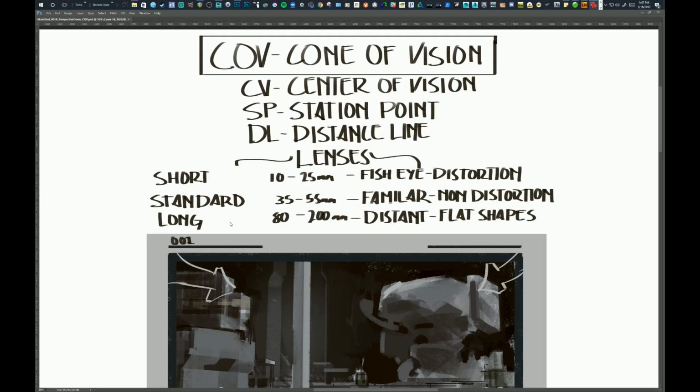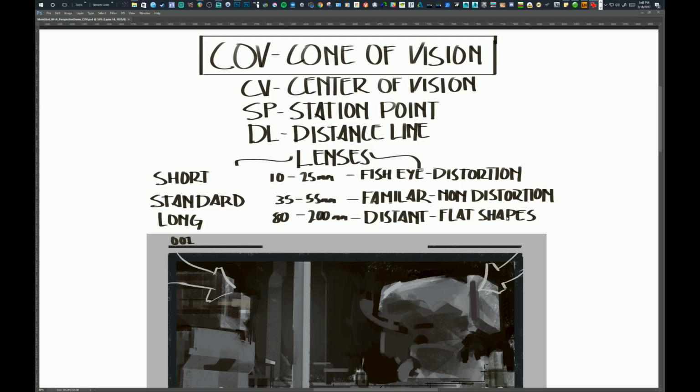A longer lens is more for taking distant shots, generally for establishing shots, although we can use a standard lens for establishing shots as well, but we would be much closer to the subject using a standard lens than we would a long lens. So a long lens allows for distance.